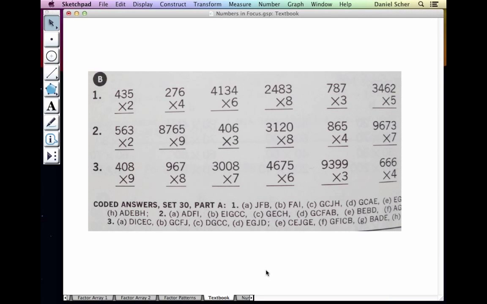They would have these problems, like in this set of multiplication problems, and then underneath it, they would have these coded answers where they had taken the answers to the problems, and rather than just tell you what they were, they had employed a simple code where they had assigned, say, 0 to the letter D, 1 to the letter F, 2 to the letter A, and so on.